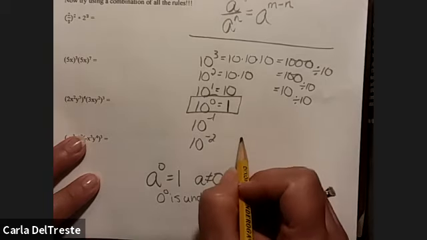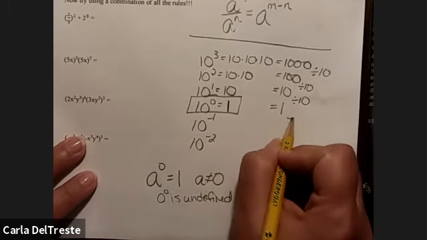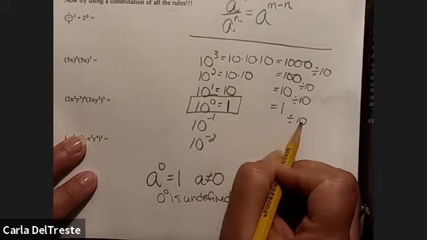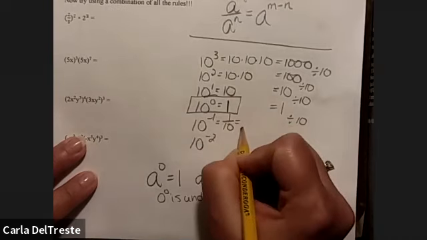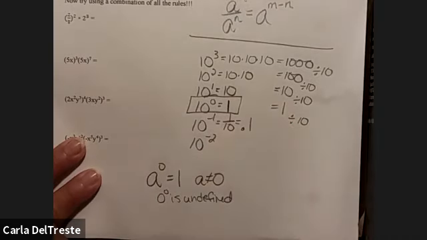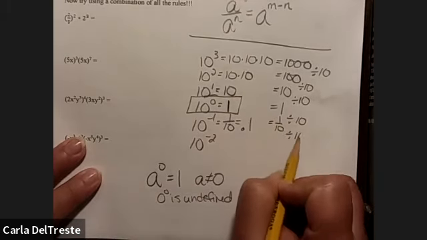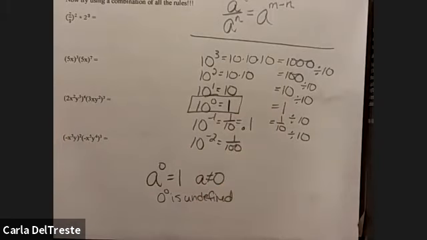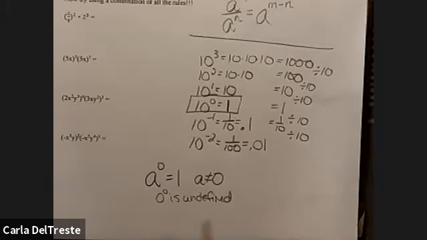Let's keep up with the pattern to explore the next rule. If I keep dividing by 10, 1 divided by 10 is going to give me a fraction. It's going to give me 1/10 or 0.1, depending on if you convert to a decimal. If I divide by 10 again, this is going to give me 1/100th, or if you convert to a decimal, 0.01.